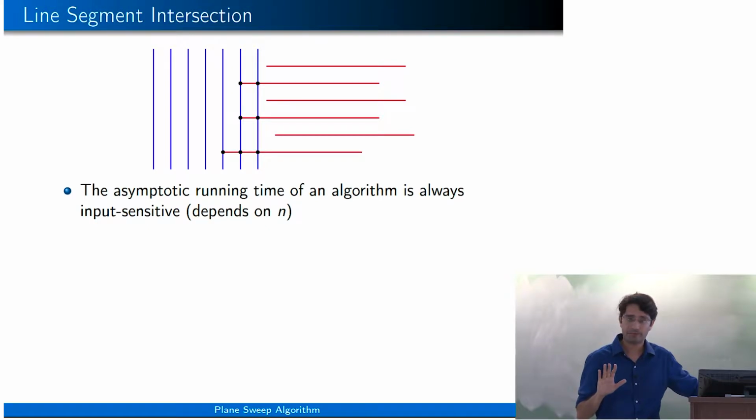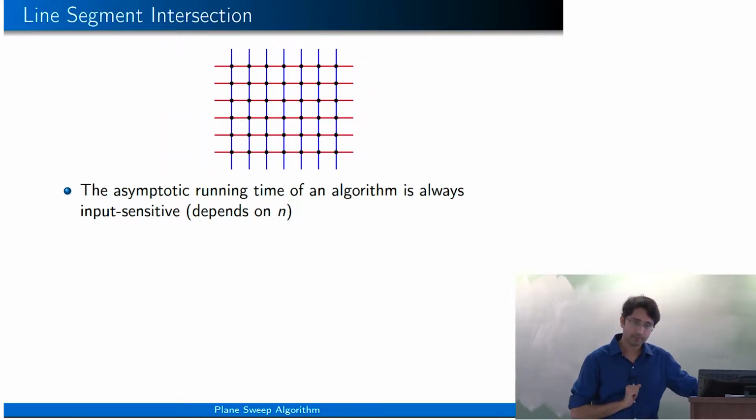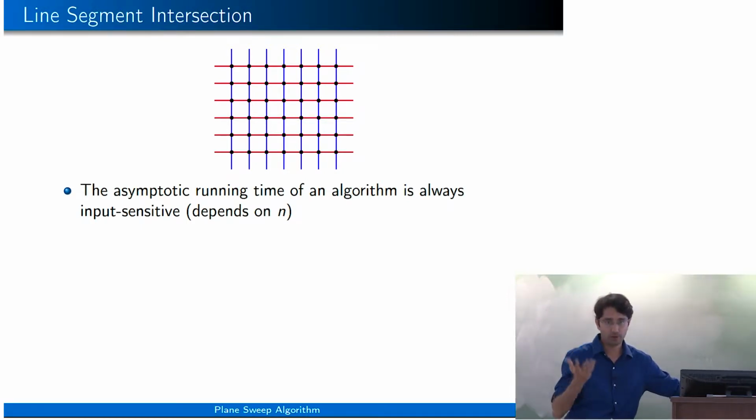Clear? Order of n square algorithm and this problem are the same. This is n by 2, n by 2. So that is the geometric way they are intersected. Here these intersections are the same problem. This is one instance of the problem that we want to solve.